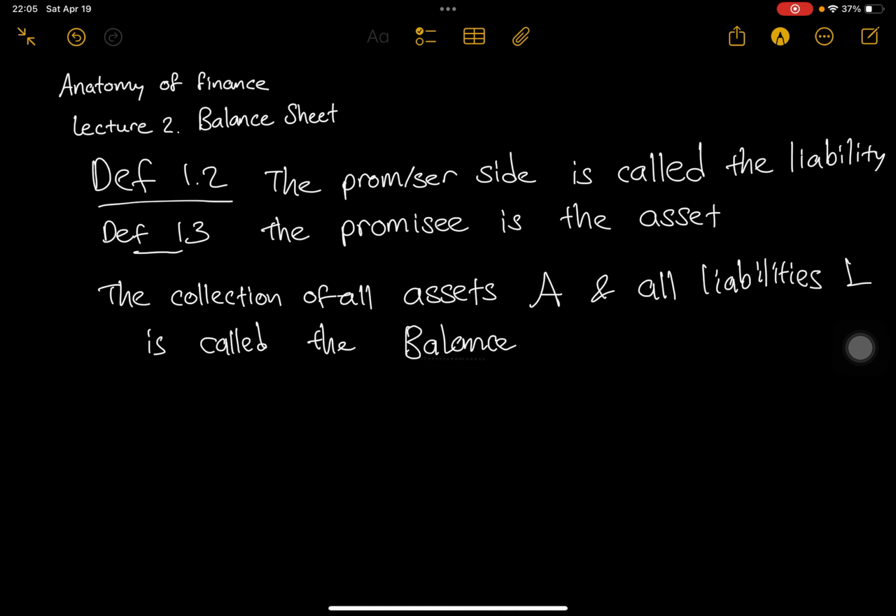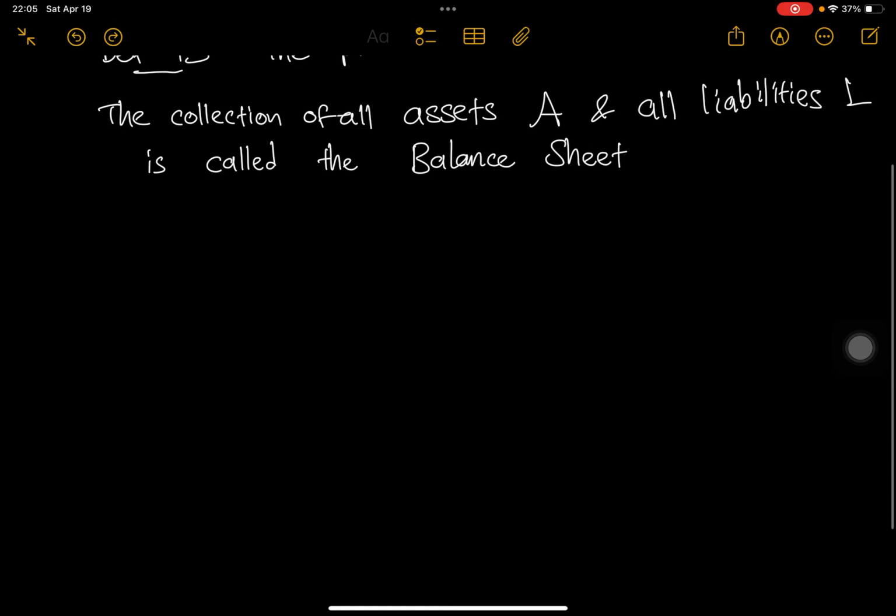I'll use this notation A and L for a particular individual's balance sheet.